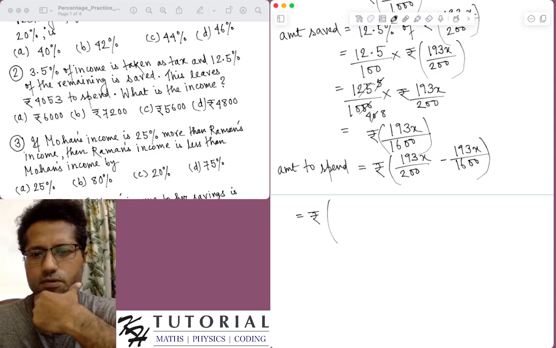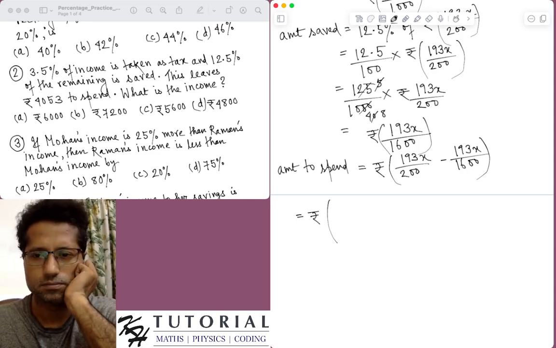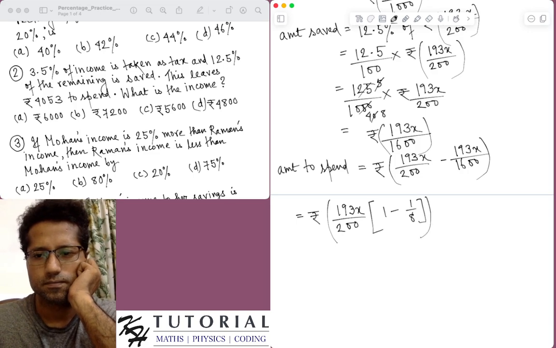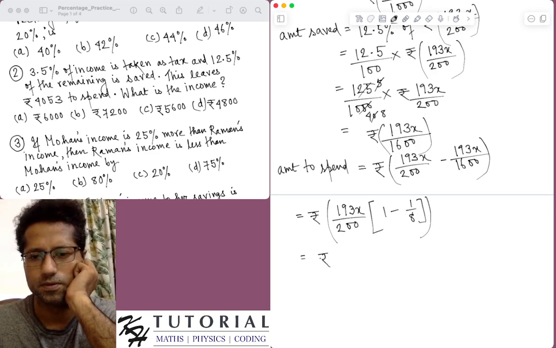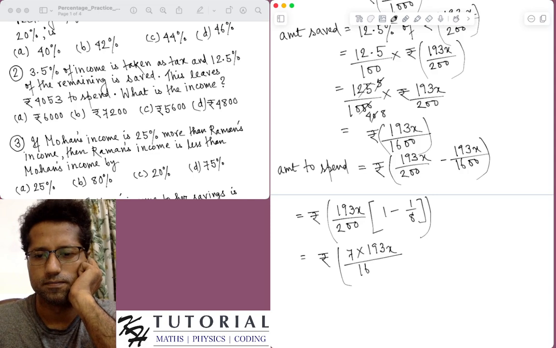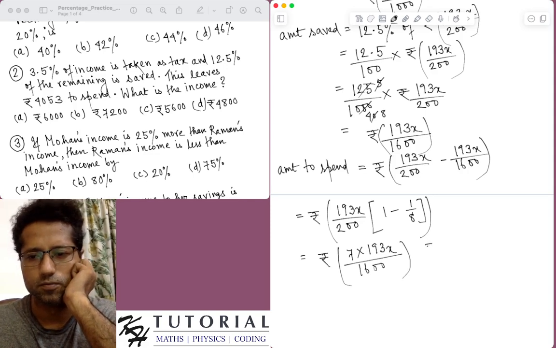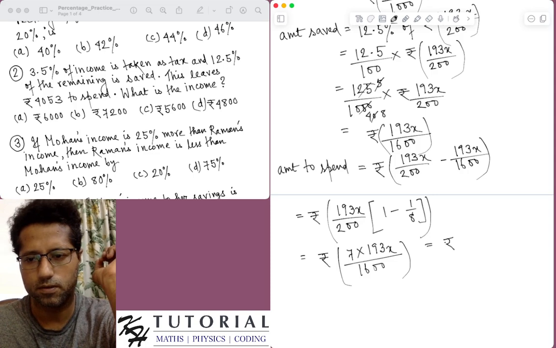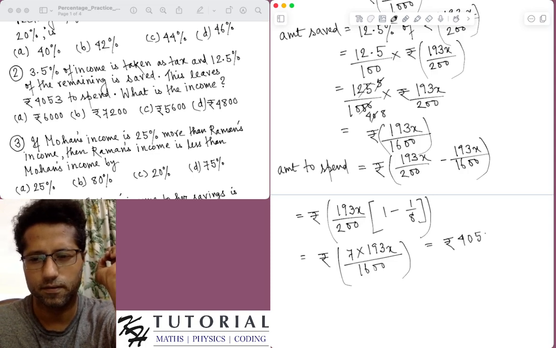If we simplify this, we can take 193 X by 200 as common, and we get 1 minus 1 by 8, which is 7 into 193 X by 1600. This is given in the problem to be 4053.